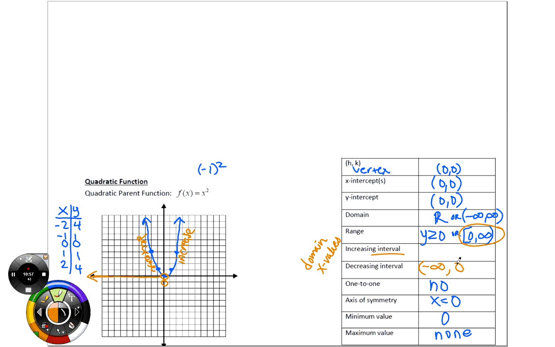Because it's the actual point where you turn around and it's like the lull from going up to down, we don't include it in either. It's like the turning point. It is something separate from going down the hill or going up the hill. So we end it with a parenthesis to not include 0 because 0 is kind of the neutral point. We're not going to call it part of the increasing or part of the decreasing. It's like the flat part. Okay? Is that all right with everybody?